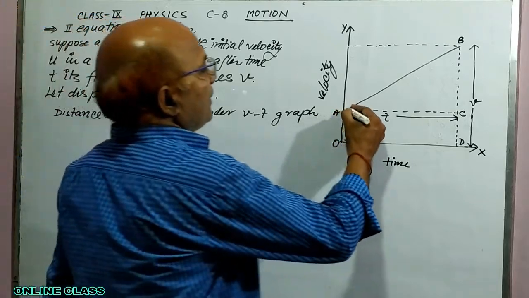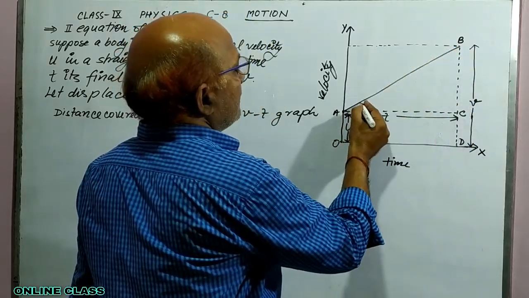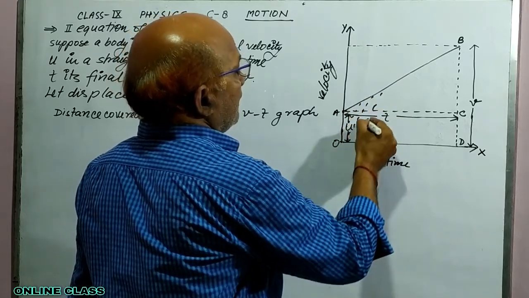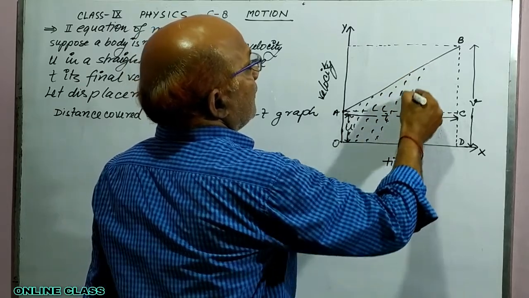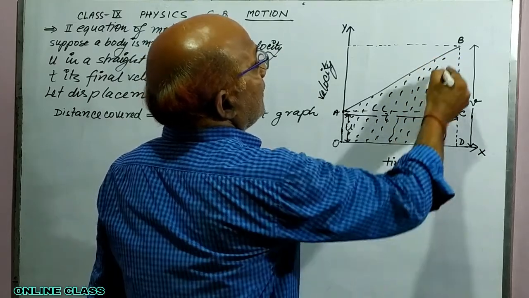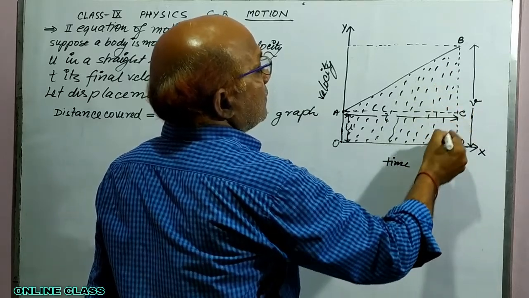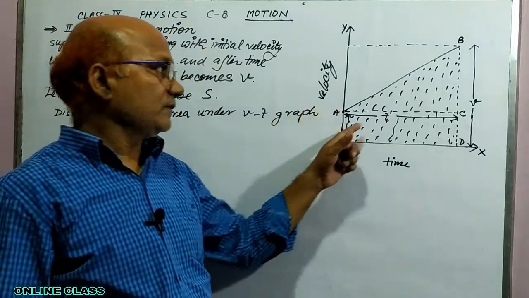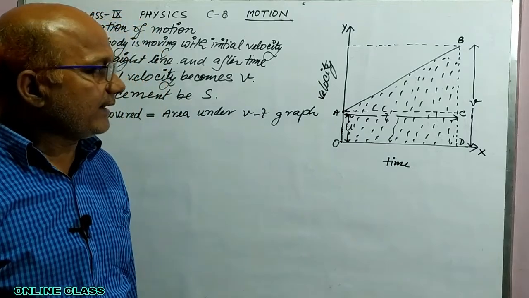So, this is the velocity time graph, and this shows the area under the velocity time graph.